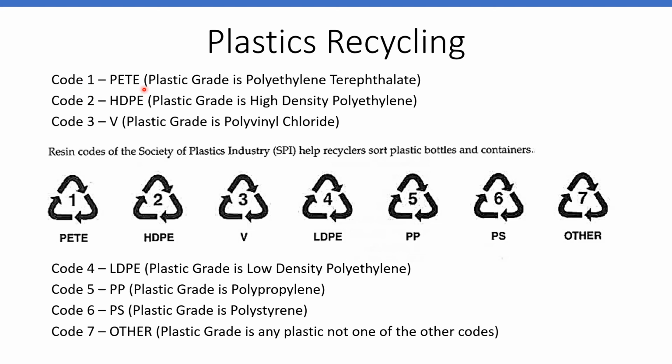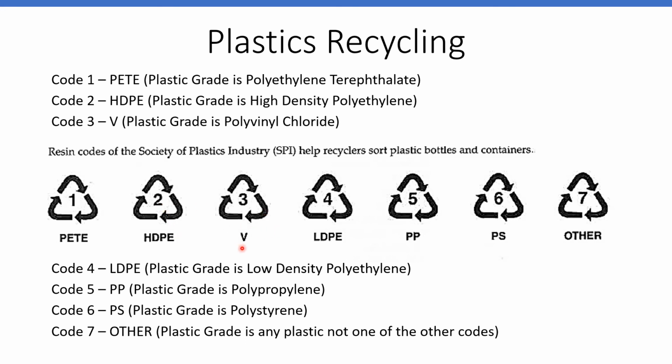So code 1, PETE, is your plastic grade. This 1 right there, code 1, you can see 1 right there, that's just a recycle symbol. So PETE, meaning polyethylene terephthalate. So if you say code 1, you're going to put all PETE in that part, yeah? HDPE, your high density polyethylene, go to group 2, code 2.